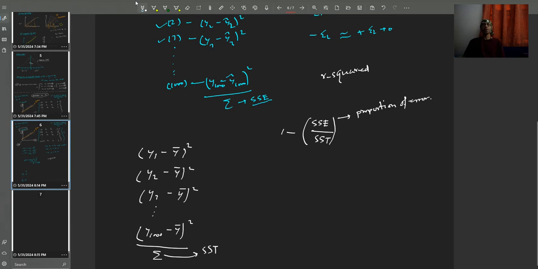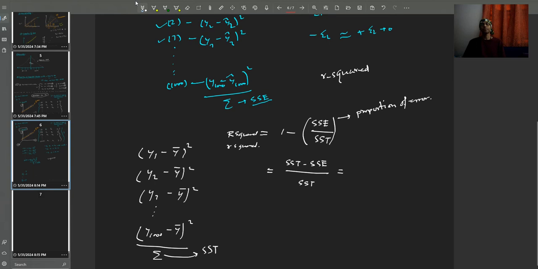And this measure is what we call R squared, denoted by small r also, like previous. So this is the value. Now, if we simplify it further, this becomes SST minus SSE whole divided by SST, sum of squared total, right?